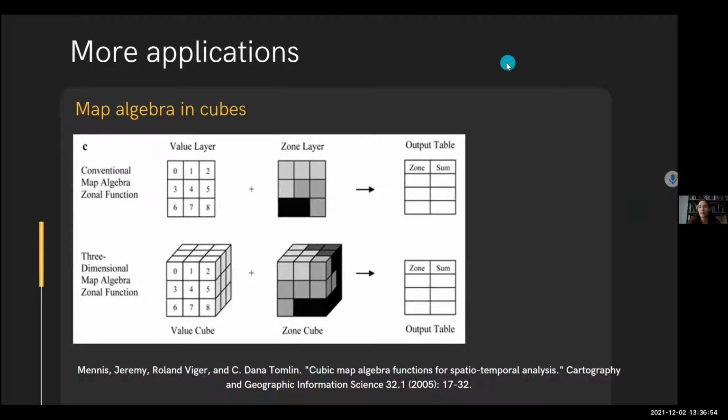But this map algebra is, I would say, very easy and very intuitive to do in one dimension, only one layer. We need to think in a box. We need to think in a cube. So this map algebra needs to be extended in order to also perform at least in a three-dimensional space, but many times in multi-dimensional space also.